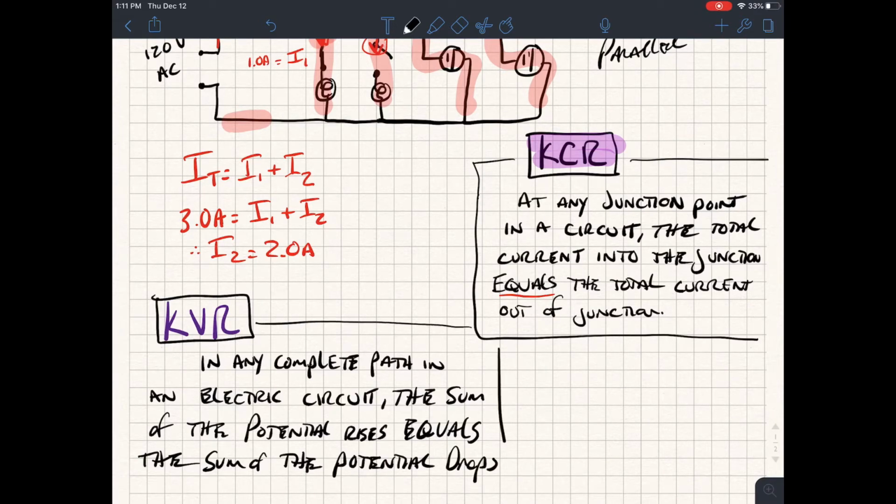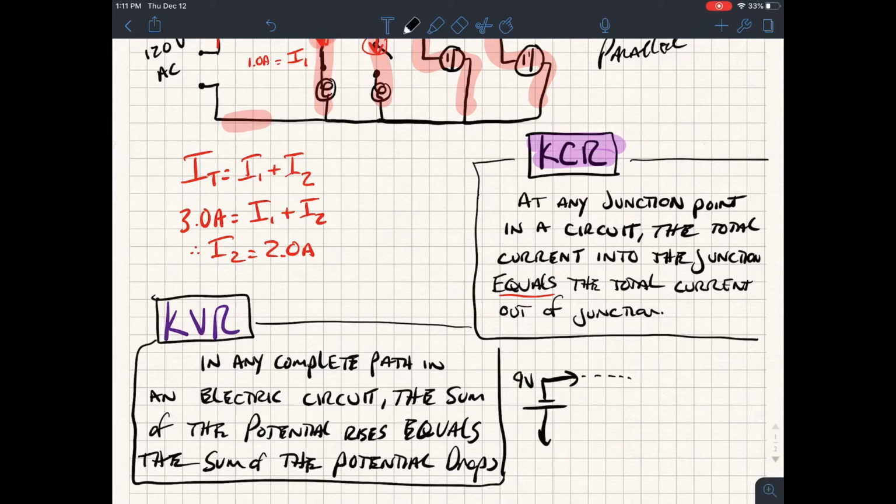Stated another way, this says that the voltage coming out of a system, let's say we have 9 volts, these batteries have 9 volts of energy to spend, the sum of all of the energy expenditures has to equal the amount of voltage put in. So this would be 4.5 volts if these were equal light bulbs, and 4.5 volts. So half of the voltage, half of the energy would be spent equally in each of these two loads.